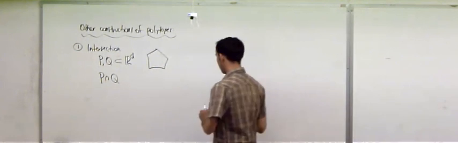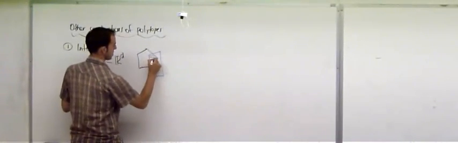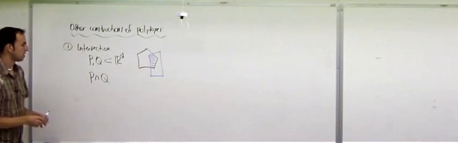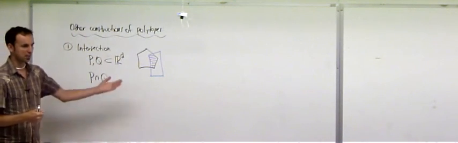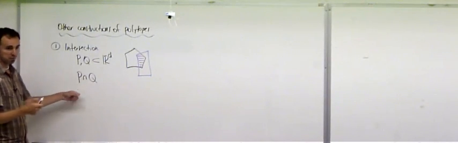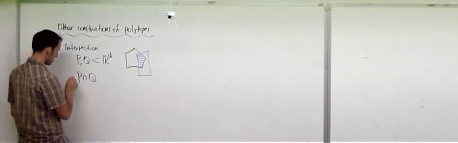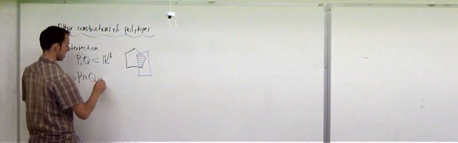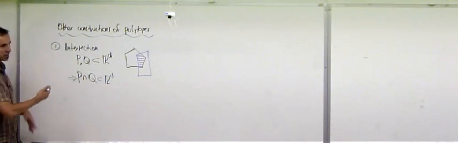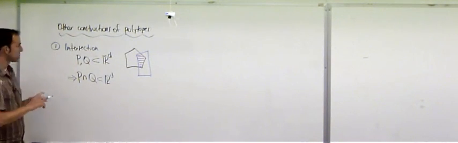It's probably intuitively clear that this is a polytope, but you have to prove it, and that's one of your homework problems. It's a polytope in R^d. So that's one way of building new polytopes from old ones, just intersecting.